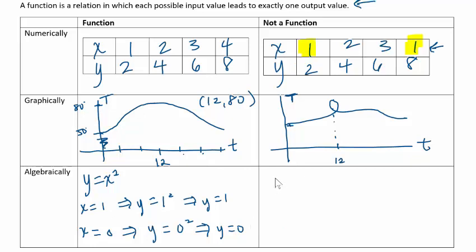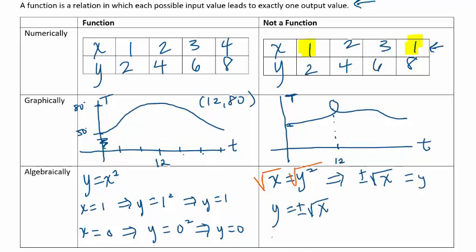Okay, if we look at another example, a relation x equals y squared. The first thing that I would do is try to isolate y. And to isolate y, we would take the square root of each side. But remember, upon doing so, we actually get positive or negative square root of x is equal to y.